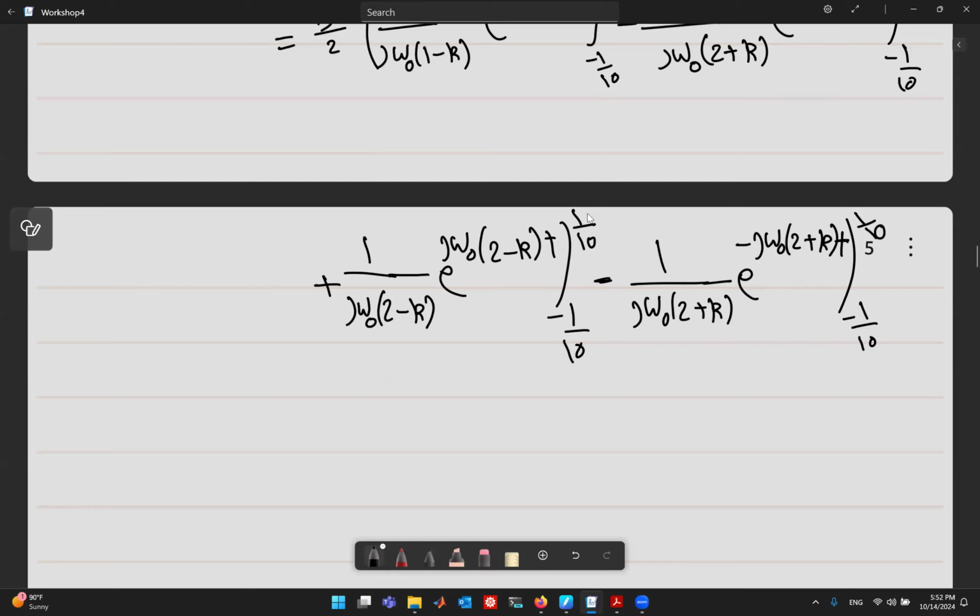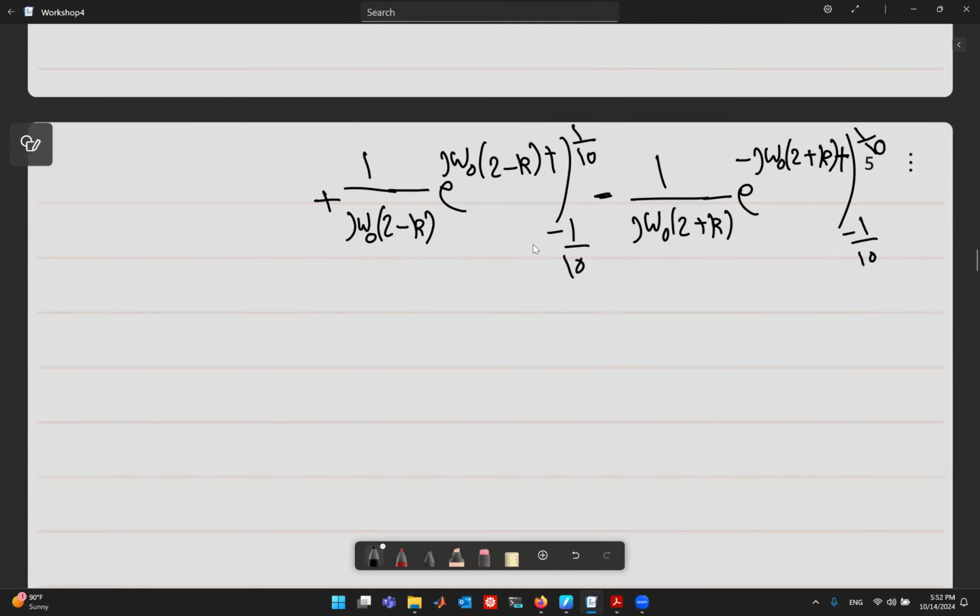Then when we substitute those two limits of the integration in this exponential, we will get, I'll just write the result here, 5 divided by 2. Let's see.